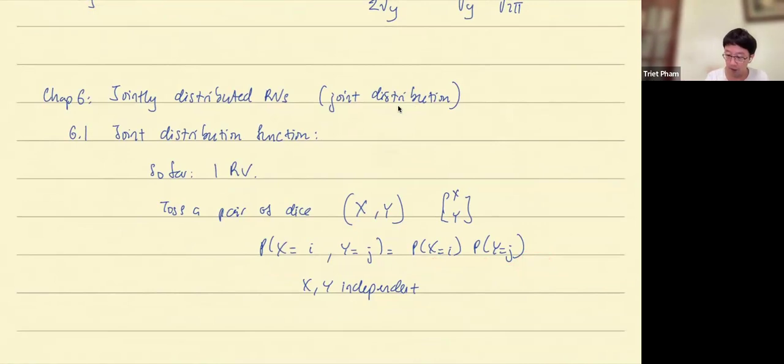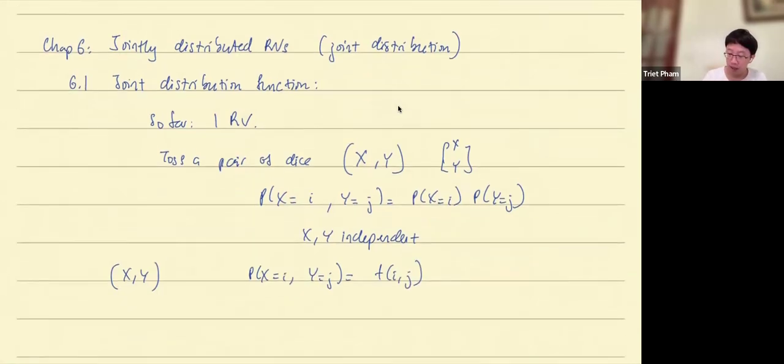So for example, we have a pair x and y of random variables, and we want to be able to say this as a function of i and j. So this is for the discrete case at least. Again, this is called the joint distribution, or the joint probability, of x and y.